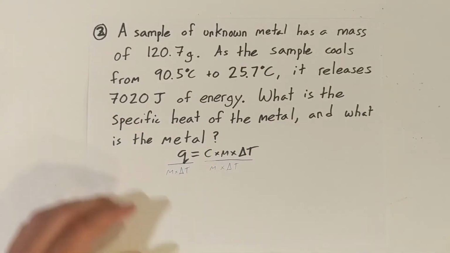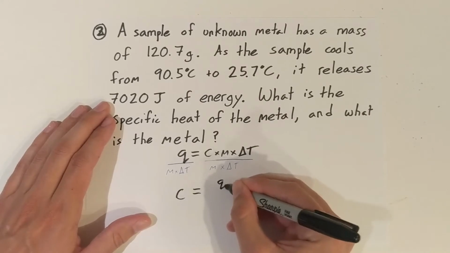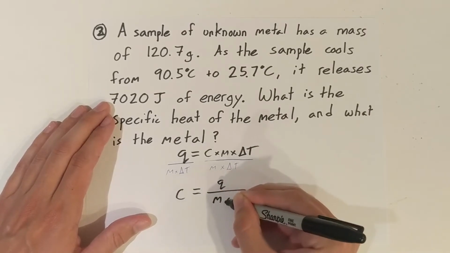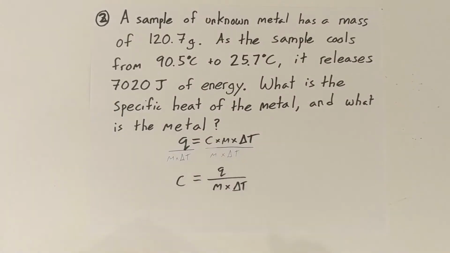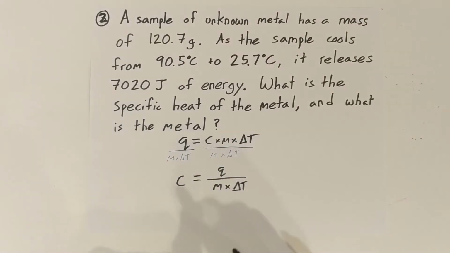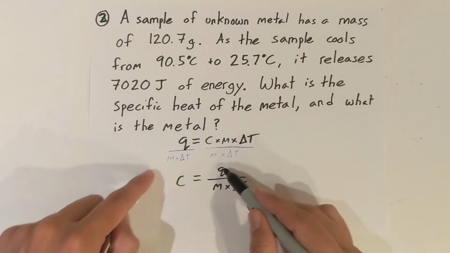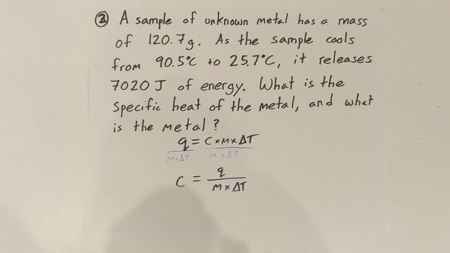And what you'll get is C is equal to Q over mass times delta T. So that's what we're going to be solving this time. Same equation. And if you wanted to, you could have just plugged all the numbers in here. But I like to figure out what I'm solving for on one side and plug all the numbers in on the other side.